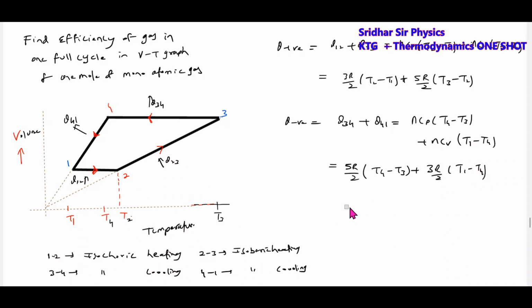Then efficiency, how do you define it? 1 minus Q negative by Q positive. Substitute this, it will become 1 minus Q negative.